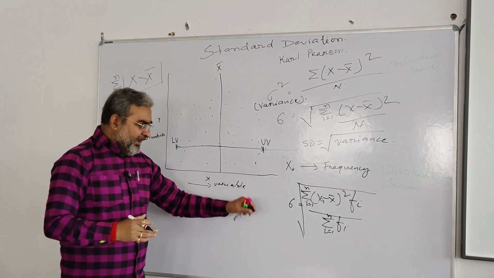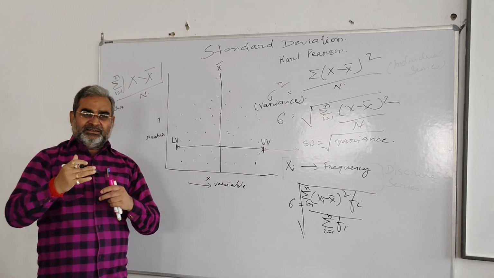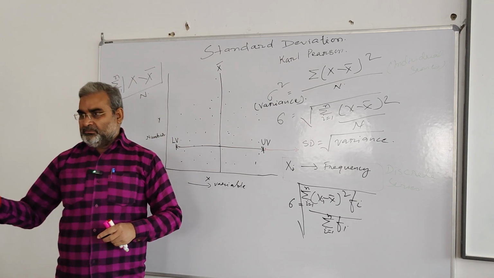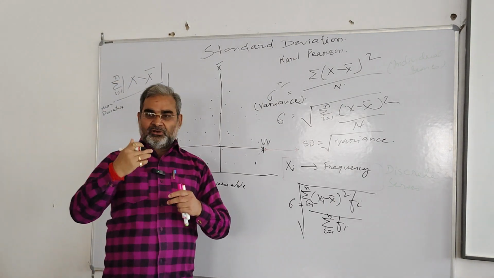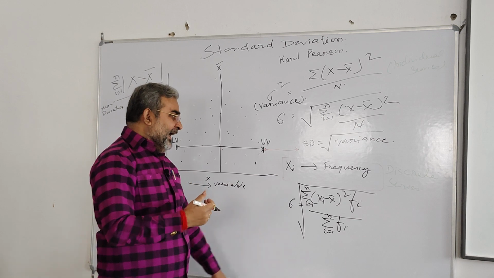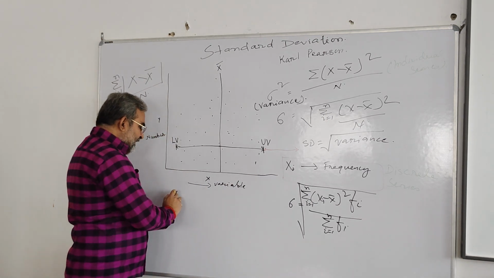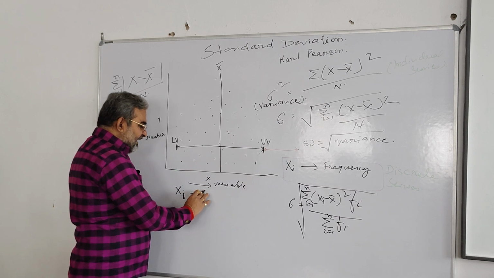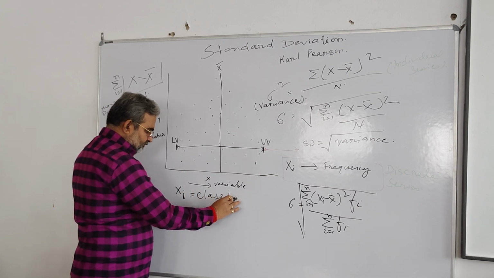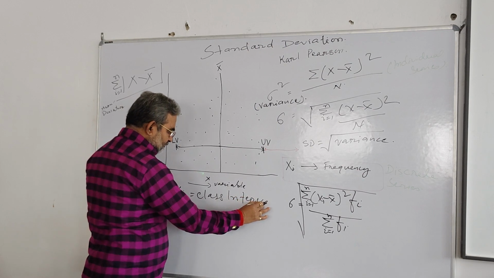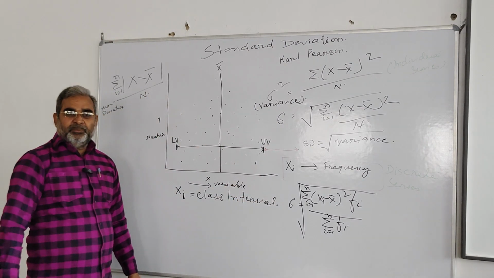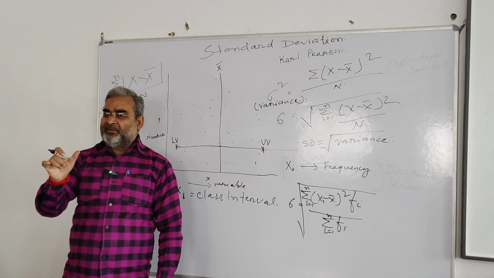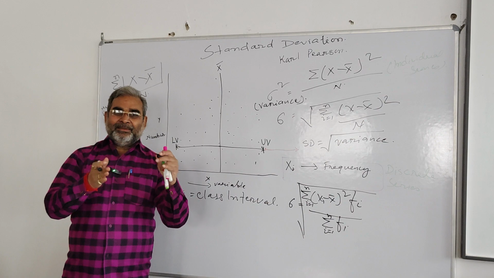And in other conditions, when we again have more numbers, even 10,000 or 20,000 or like this, then we represent the variable in the form of class interval. Class interval means each score has a class.